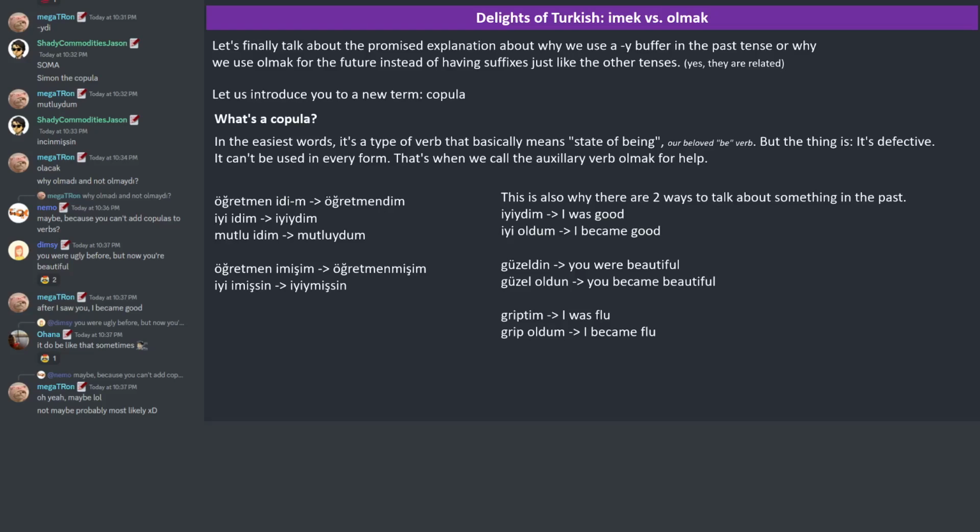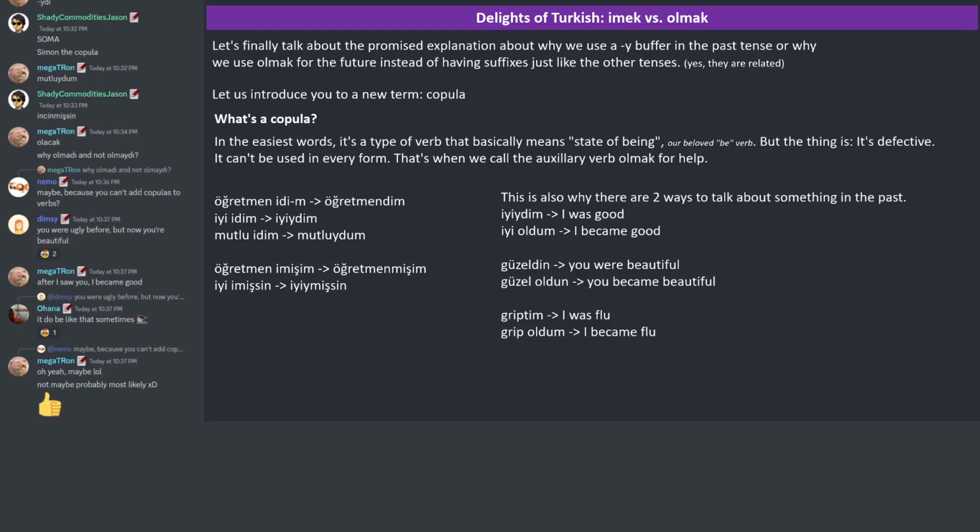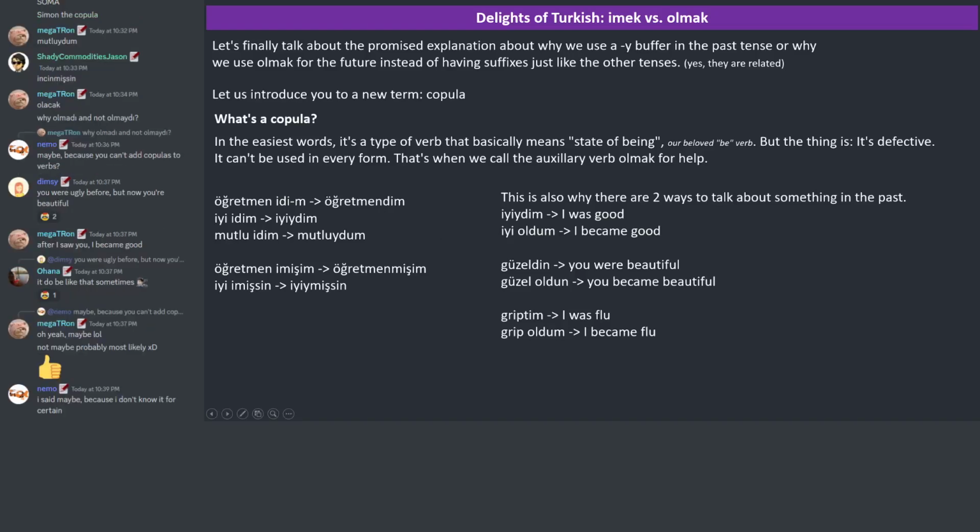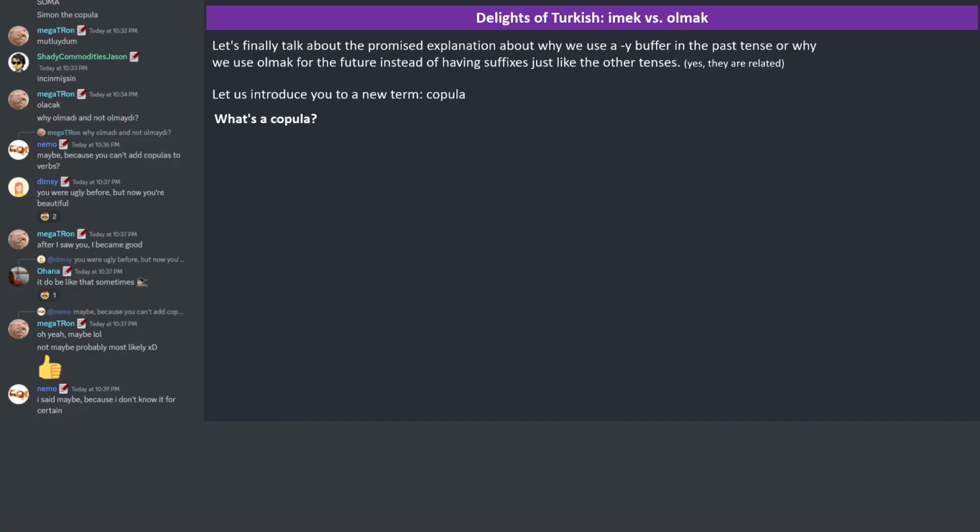We use imek with nouns or adjectives. And we use olmak with other verbs, other things. So actually, yes, Nemo's example explains it. I actually also want to have a difference here.